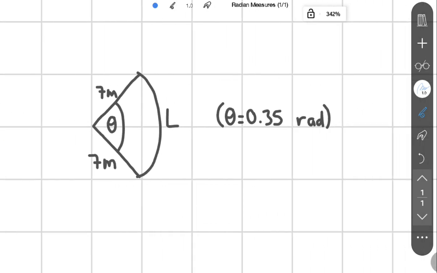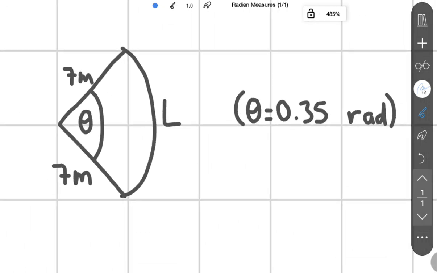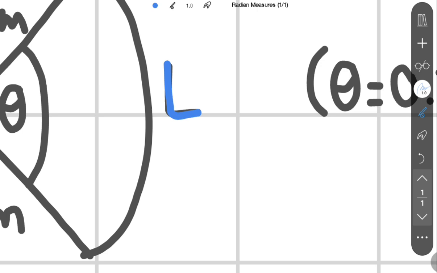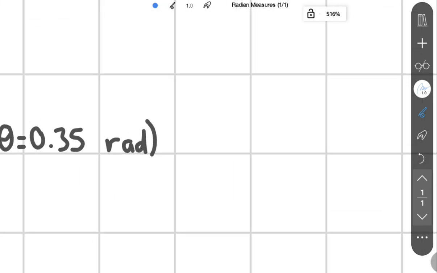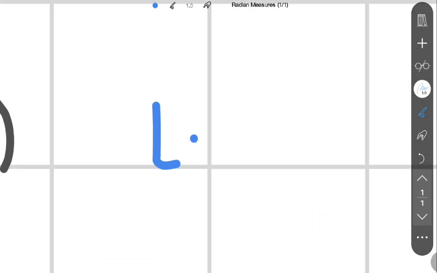So let's say we have this example. We have this shape, or a part of a circle, where the radius is 7, theta is given by 0.35 radians, and we're asked to find the length of the arc. So very simple, we'll just apply the formula. Length equals radius times theta, or the angle.